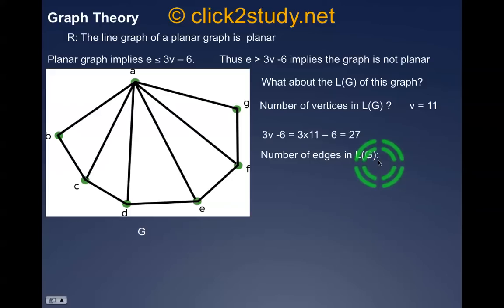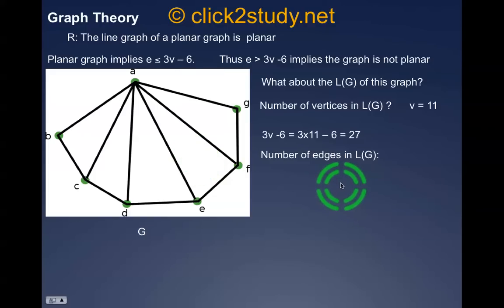What about the number of edges in LG? We are not drawing LG. We are trying to find the number of vertices and edges using our rationality, using our mental capability to do some sort of analysis. So how can we find the number of edges in LG?